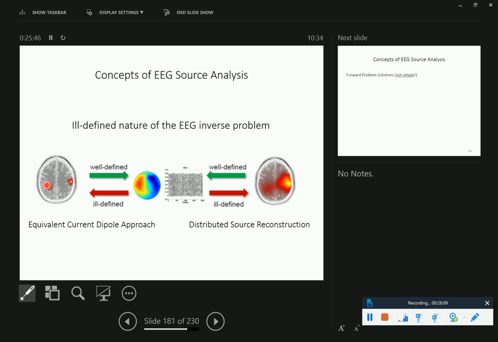So here's something inside the brain. Then you have a differential equation that describes how this is propagated, and then you need to solve this differential equation given the known conductance properties of brain and skull to get to that.